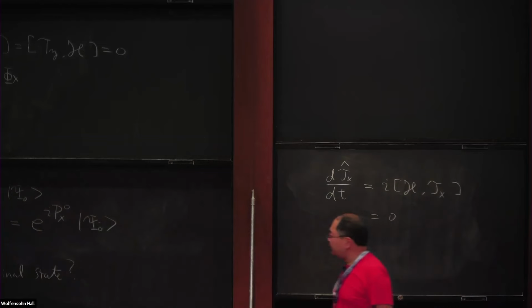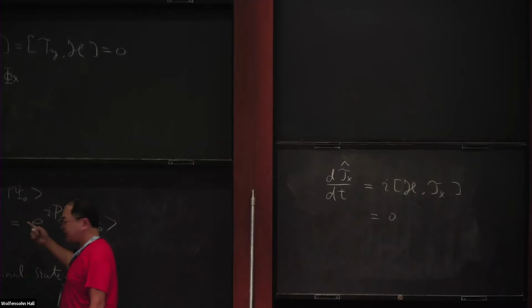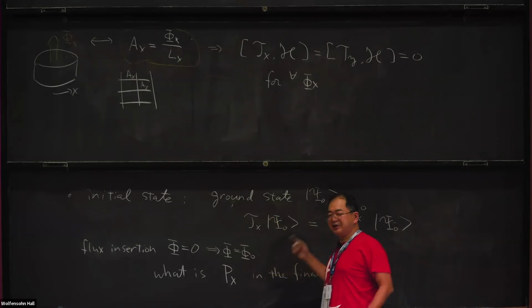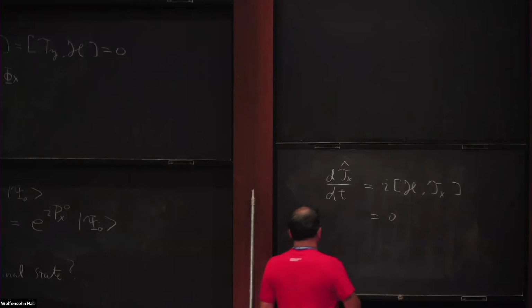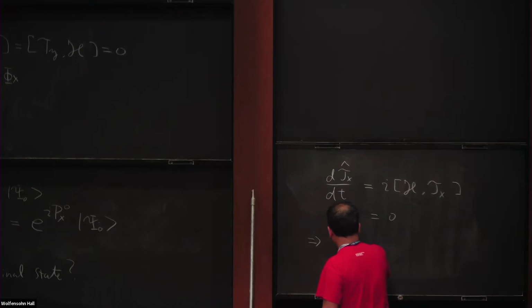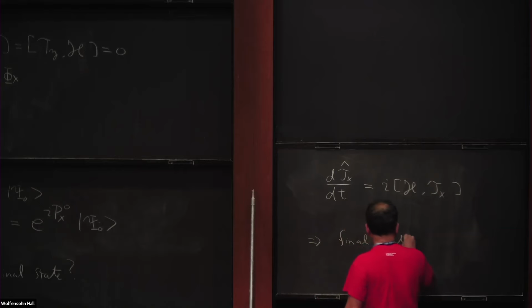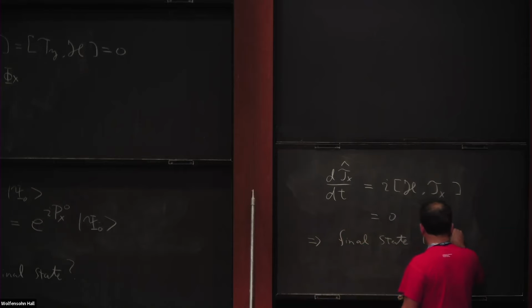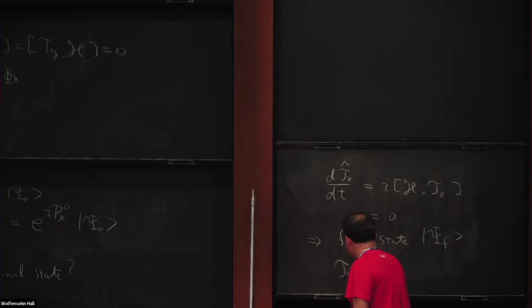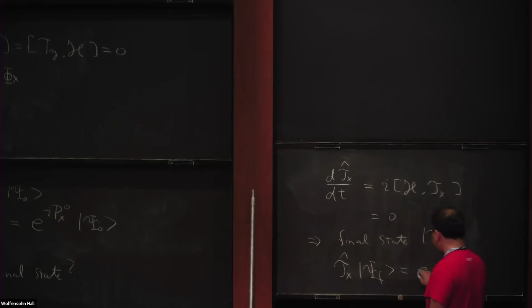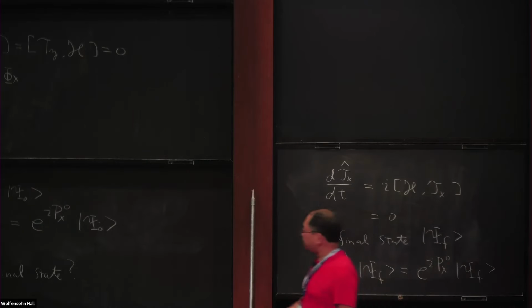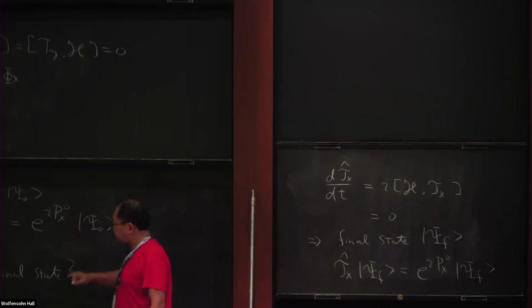So that means that during this flux insertion process, the value of tx or px doesn't change at all. So even in the final state, after this flux insertion, this is also an eigenstate of this translation operator with the same total crystal momentum px0 as in the initial state, the initial ground state.